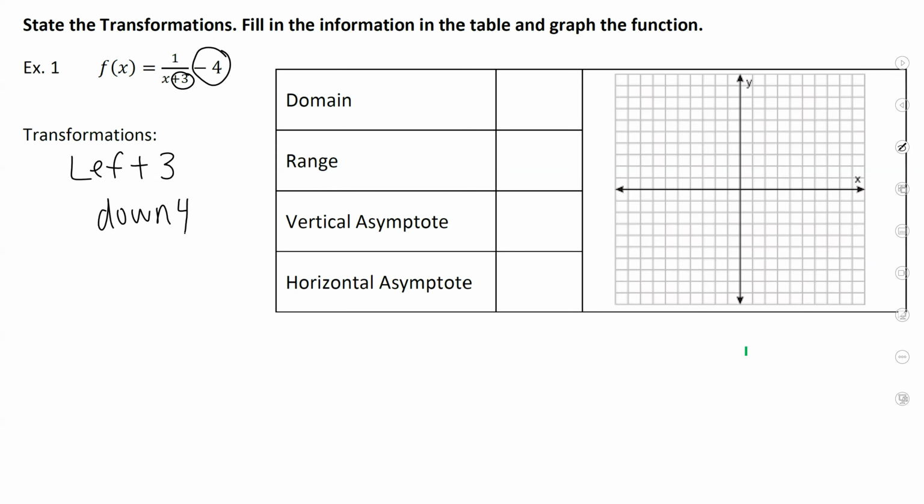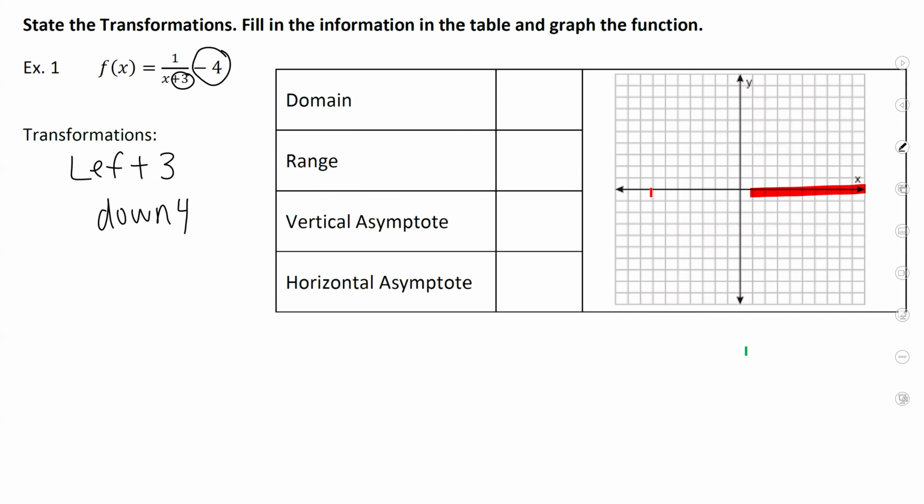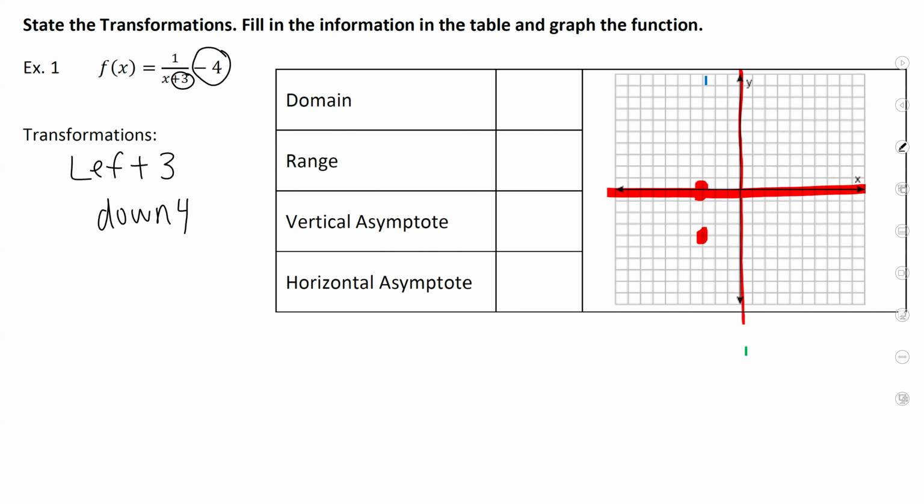Exactly. So guys, remember, normally, before you do any type of transformations, this is what your asymptote looks like. It just goes through 0, 0. However, we just said it went left 3. So now I'm going to be left 3 and down 4. That's right here. So now my T will be left 3, down 4.